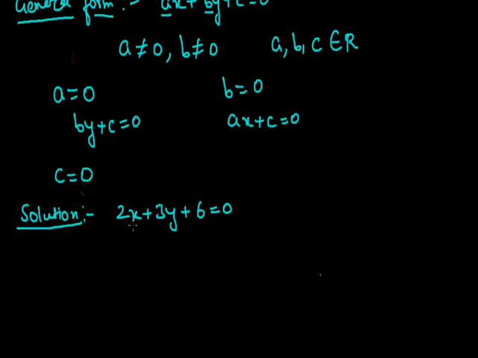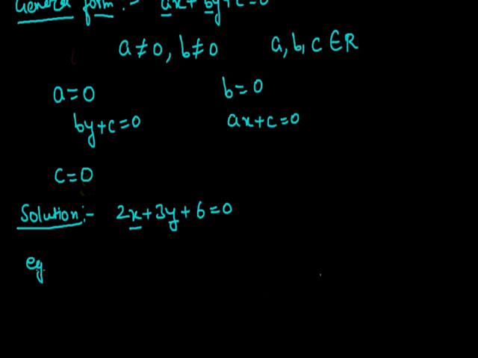If I keep the values of x and y such that the summation of these three terms on the LHS is equal to 0 of the RHS, then it means that x and y are satisfying this linear equation. And as x and y are satisfying this linear equation, they become the solution of this linear equation. In this way we decide what will be the solution of a linear equation.